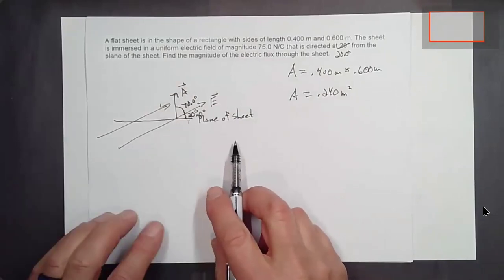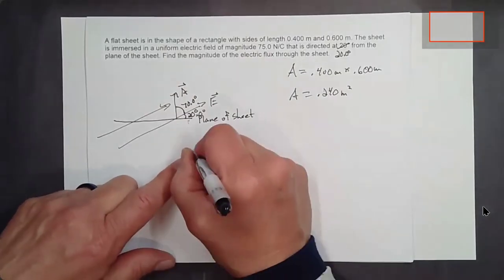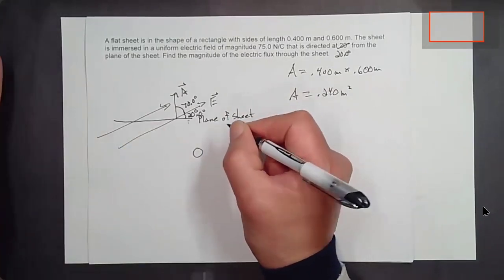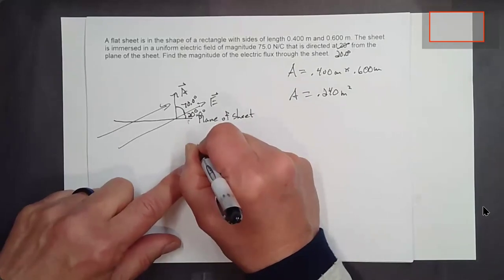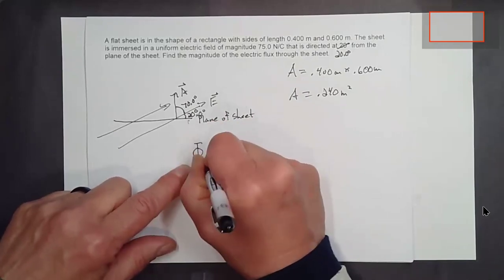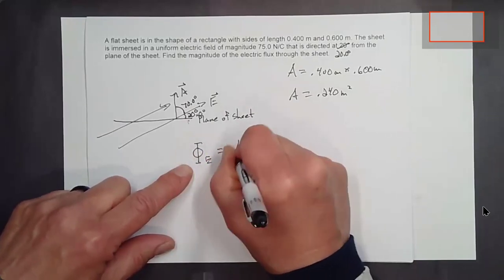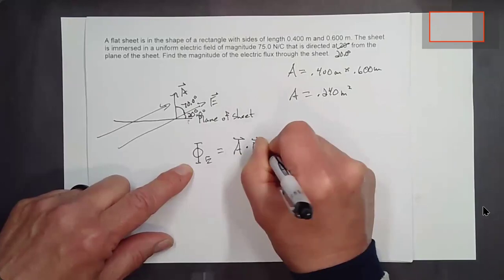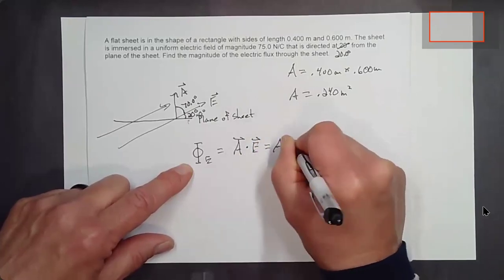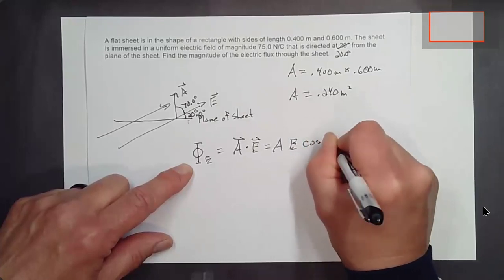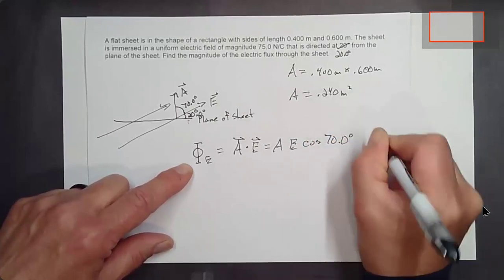So the flux of the electric field through this sheet, and it doesn't say what the sheet's made of or anything. Maybe it's a sheet of paper. So it will just equal A dot E, which in this case is the magnitude of A, magnitude of E, and the cosine of 70.0 degrees.